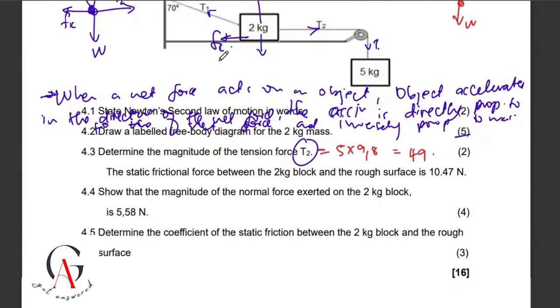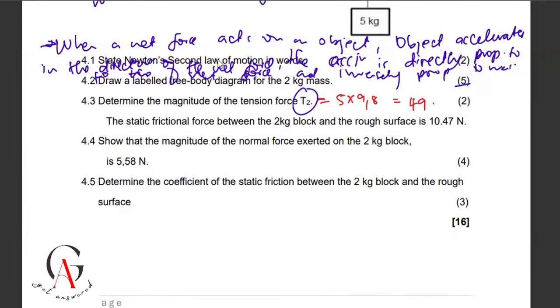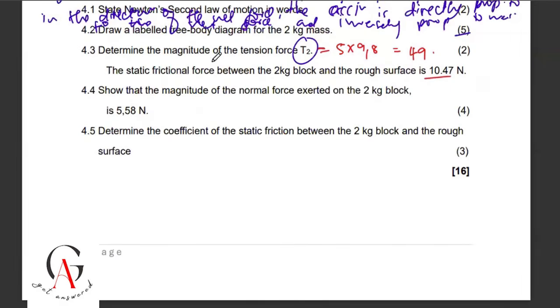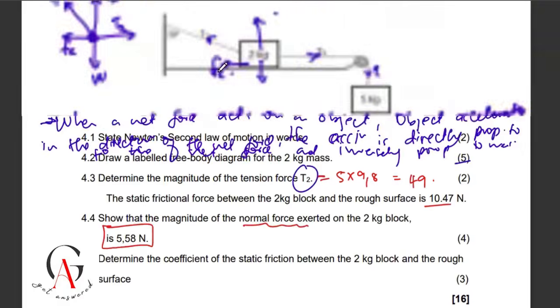Okay, and then they're telling us that the static frictional force on the 2 kg is 10,47. Can we show that the magnitude of the normal force is 5,58?